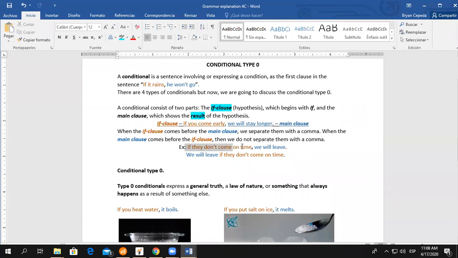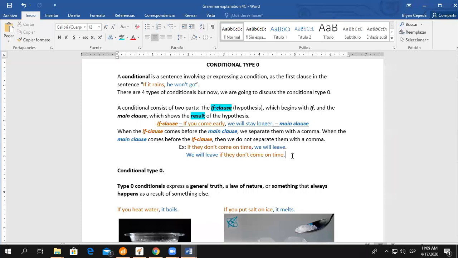So, for example, if they don't come on time, comma, we will leave, okay? So we separate this with a comma when the if clause is at the beginning of the sentence. Now, when the main clause is at the beginning, we do not use a comma. We will leave if they don't come on time.